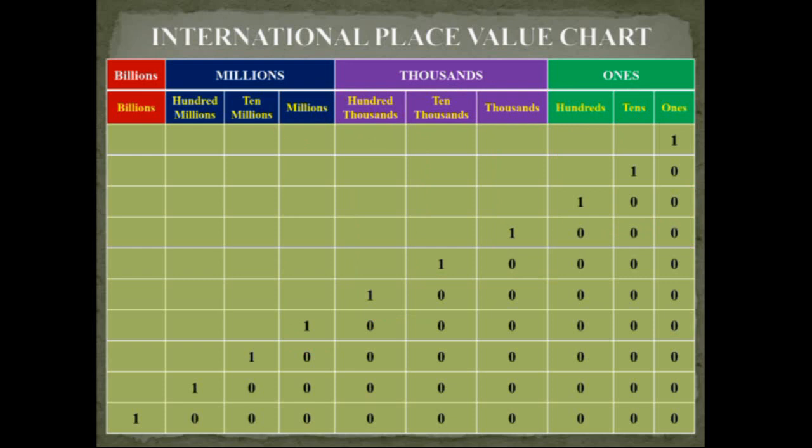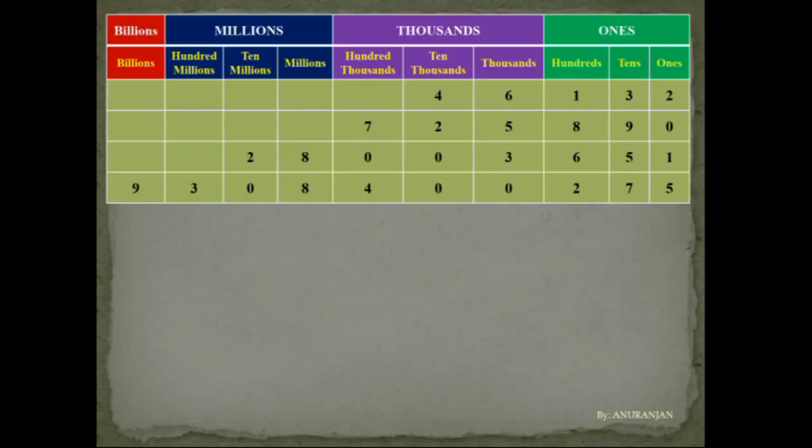Now let's see how we will say or write the numbers in words and figures using the international place value. I've placed some random numbers in the place value chart. Now let's take the first number and write it in words.